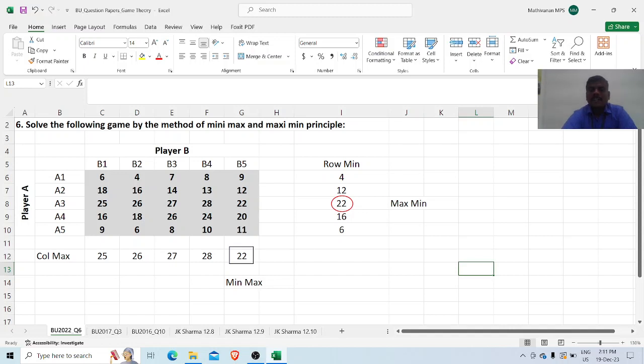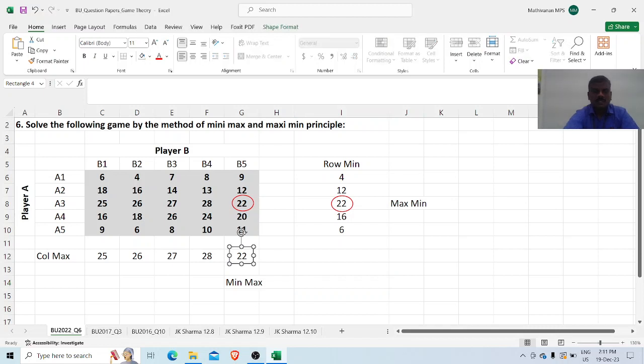Now we have identified the maximin value and minimax value. We will circle these values in the payoff matrix. So here 22 is the row minimum value. We will circle the value in the payoff matrix. We have circled it. Then the minimax value is 22.